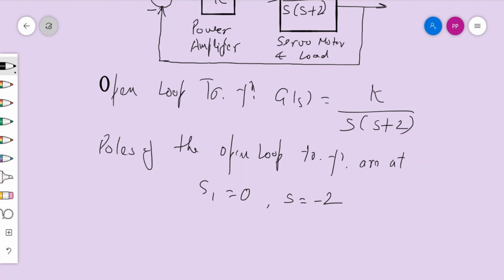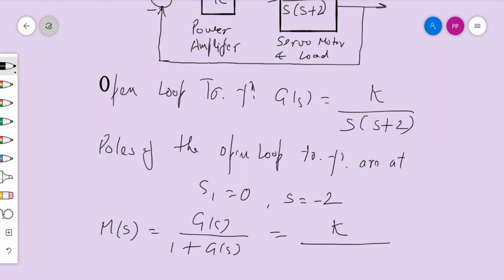So now if you find out the closed loop system, the closed loop transfer function can be given as G(s) divided by 1 plus G(s). If we calculate it, it should come in the form k divided by s square plus 2s plus k.